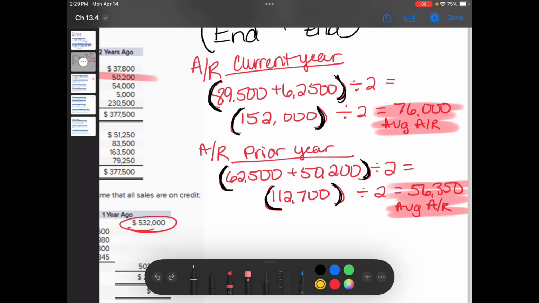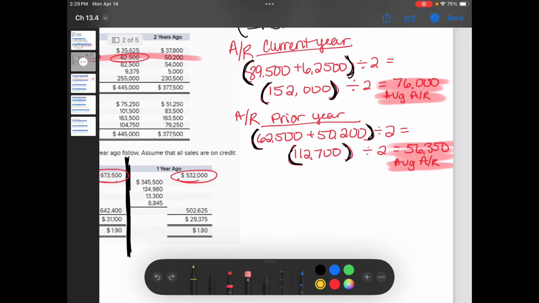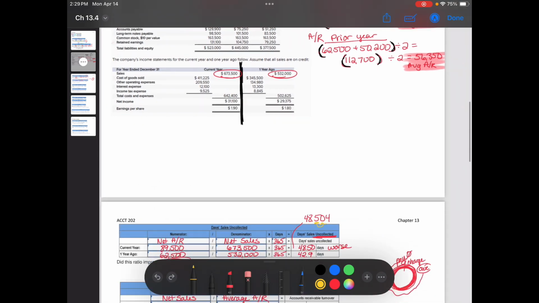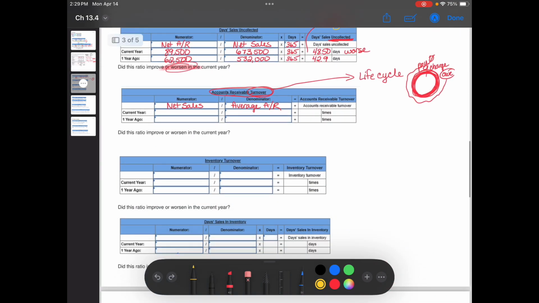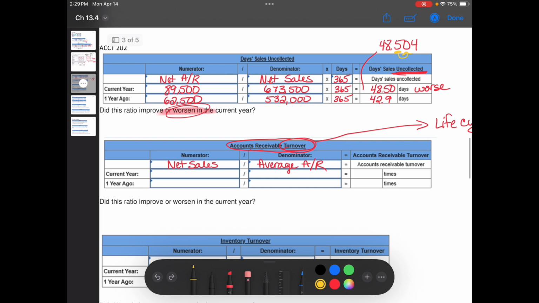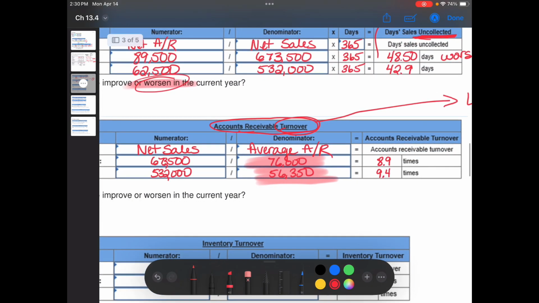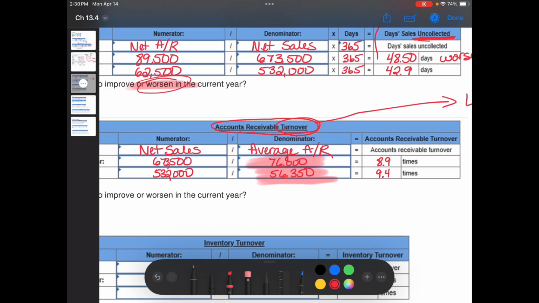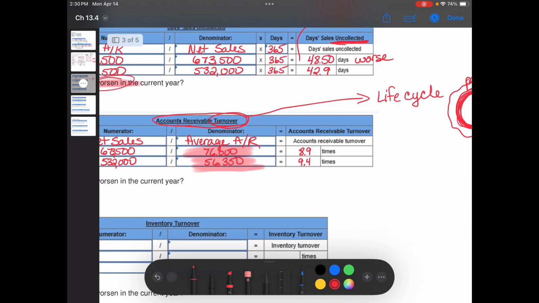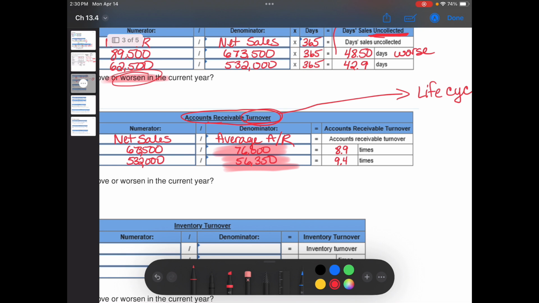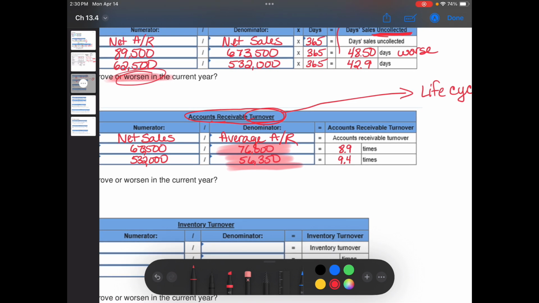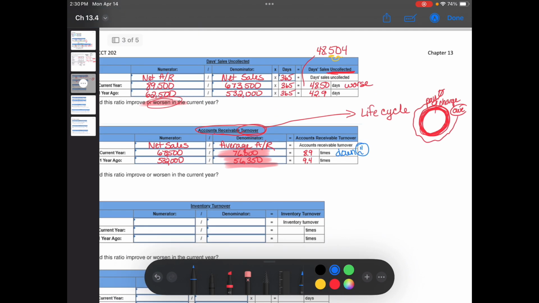So, all right, now we've got those numbers and we can put those into our formula down here to figure out how often accounts receivable turns over. Okay, I put my totals in, net sales, and then I divided it by those average accounts receivable amounts that I got above, and I got that my turnover was, prior year, 9.4, and this year it actually decreased, so it went down, which is a bad thing because here's the deal about turnover, the life cycle.